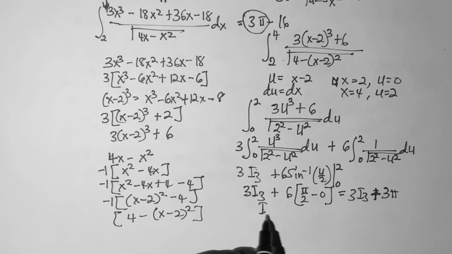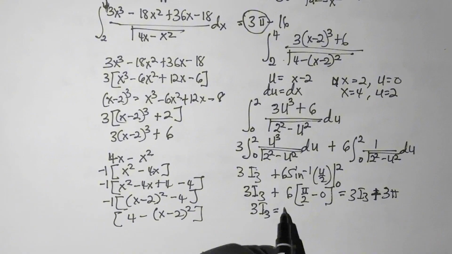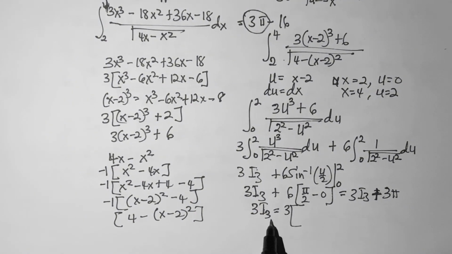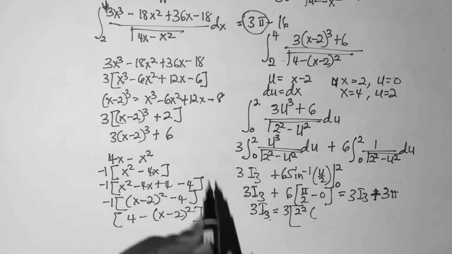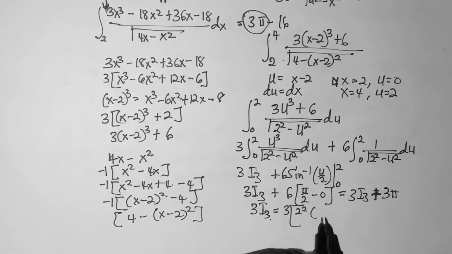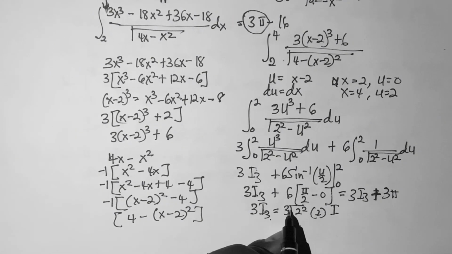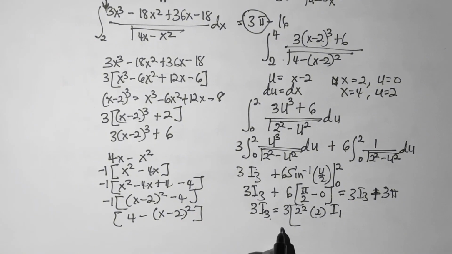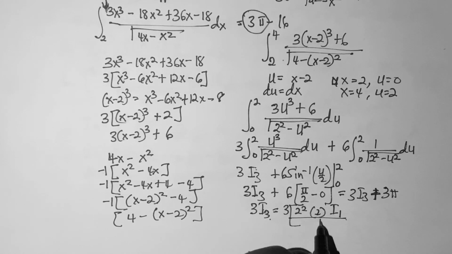So I of 3 is equal to 3 times I of 3, and I of 3 is a squared, which is 2 squared, times n minus 1, which is 3 minus 1, that is 2, then times I of n minus 2, 3 minus 2 is I of 1, divided by n, and n in this case is 3, so divided by 3.